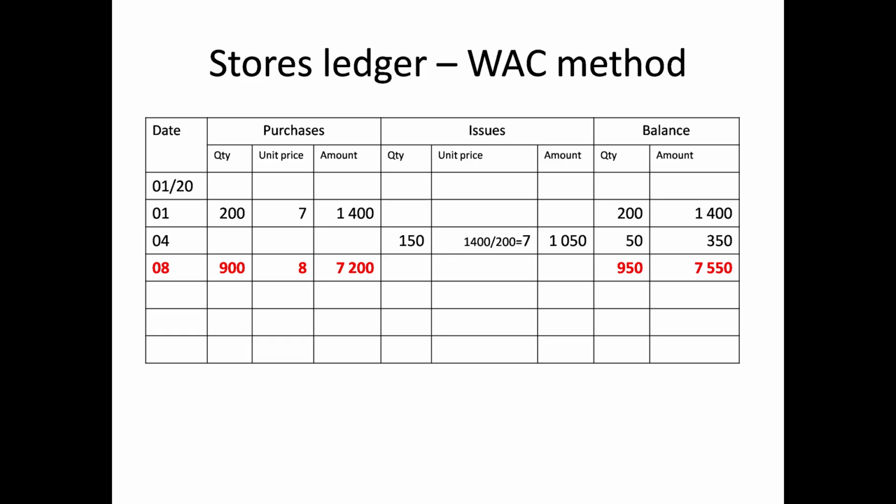10th of January, sold 800 units. Under date 10, under issue, quantity 800. Now under weighted average cost method, you have to refer the immediate balance before the issue.